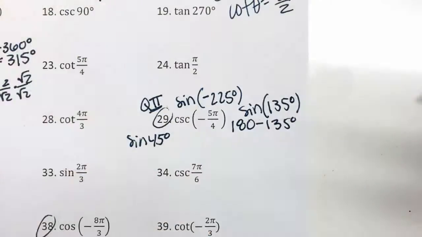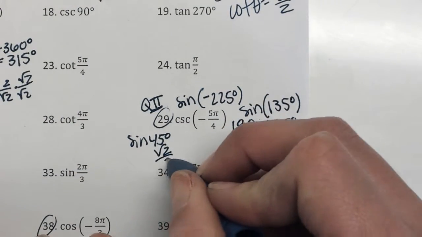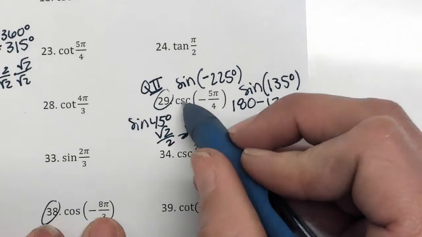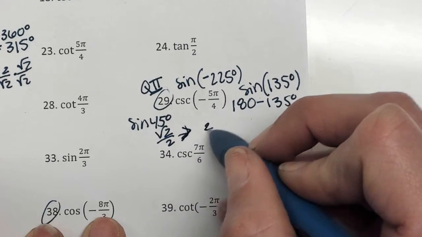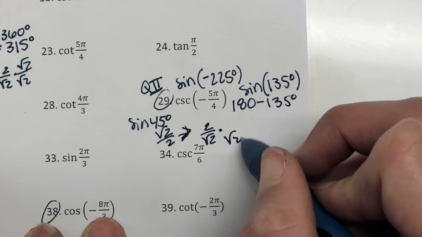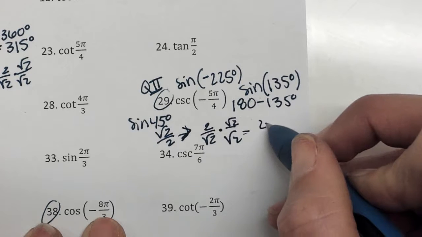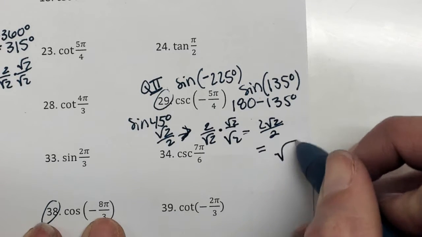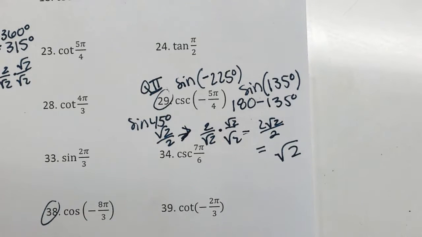Square root of 2 over 2. Do we leave it like this? No. We have to flop it because we're finding the opposite. So it'd be 2 over square root of 2. We have to multiply the top and bottom by square root of 2. So we get 2 square root of 2 over 2.